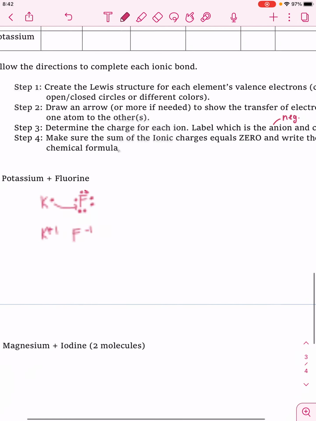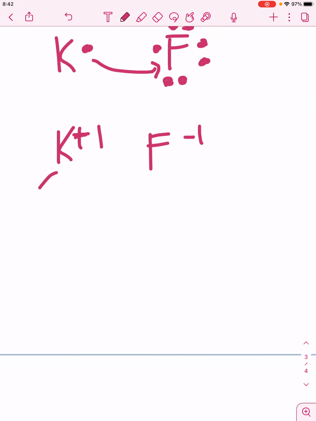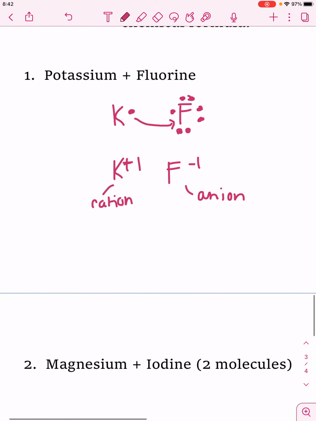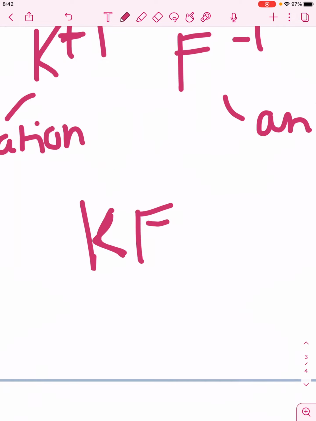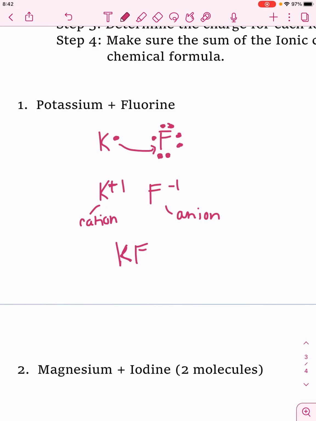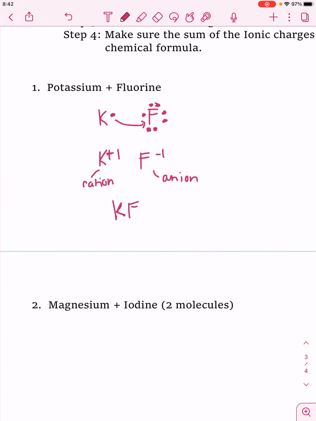Then it says label which is the anion, which is the cation. So this one is the cation. This one is the anion. And then when you bring them together, it'll just look like this. K and F.